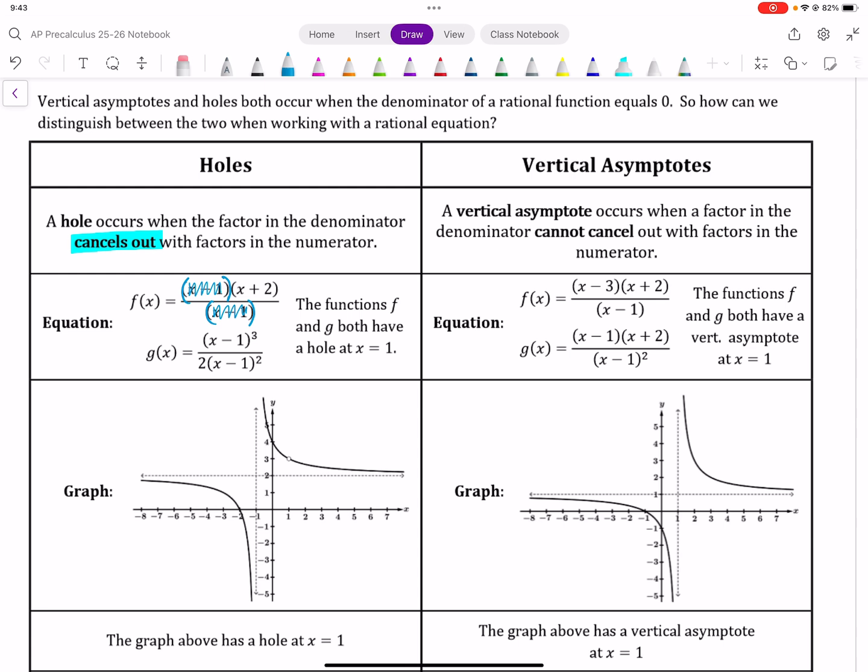Same thing for g of x, because we have x minus 1 in the numerator and denominator, and there are more of them in the numerator, g of x also has a hole at x equals 1. And you can see in the graph how a graph will have a hole. It'll be just an open circle, meaning that is not included in our domain.